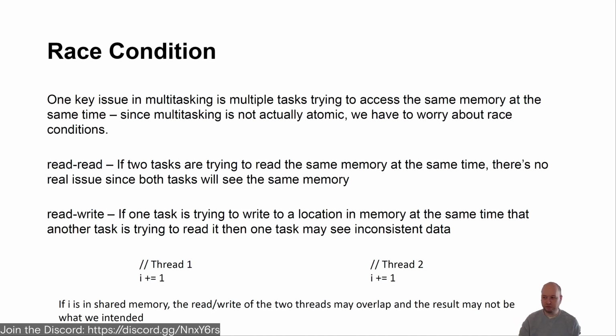You've loaded in data, you get interrupted at just the wrong moment, and another thread is now running and doing something else with that data and changes that memory. Then you update that memory with your previous value, and essentially you undid the work that the other thread did, which may not be something that you want to happen.